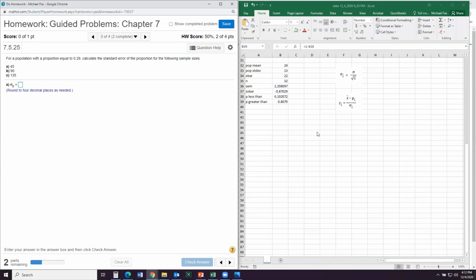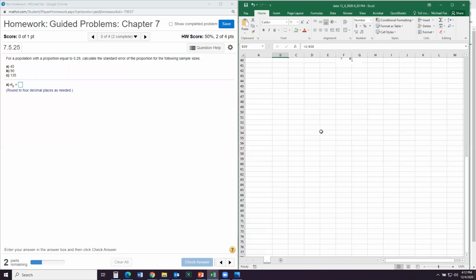All right, so on to the next problem. So for a population with a proportion equal to 0.29, calculate the standard error of the proportion for the following sample sizes. So what do I know already? I know a sample size, and I know a proportion.